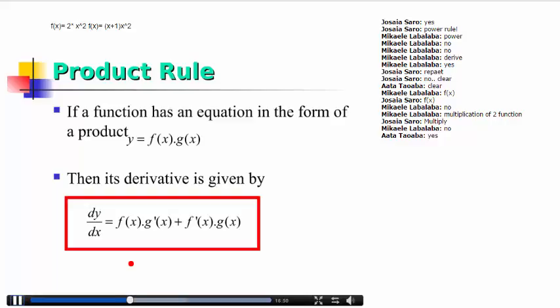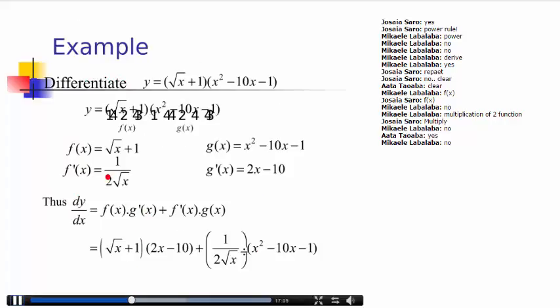Any problem with that formula? Anything confusing there? It's just that you will differentiate one function and then you multiply that by the original of the another one. Easy, right?